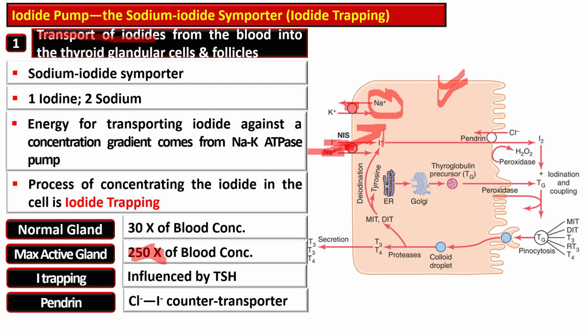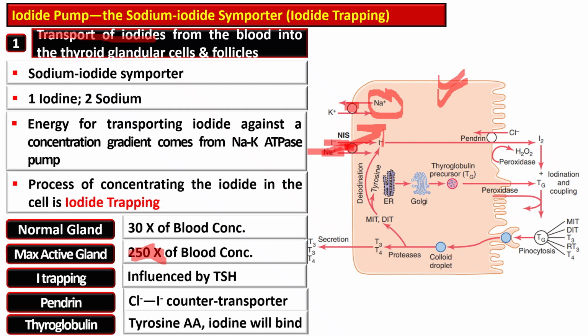So apical transport of iodine to the follicle, how does that occur? The iodide ion exits the cell into the follicular lumen through pendrin, a chloride-iodide counter transporter. At the same time, thyroglobulin is secreted into the follicle.